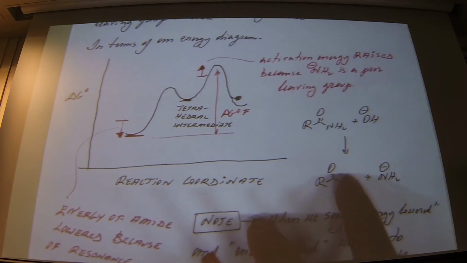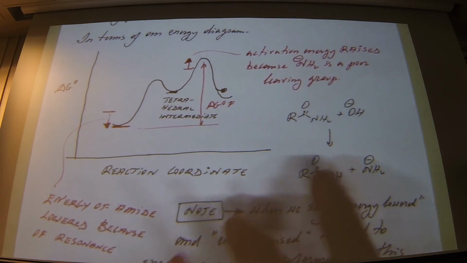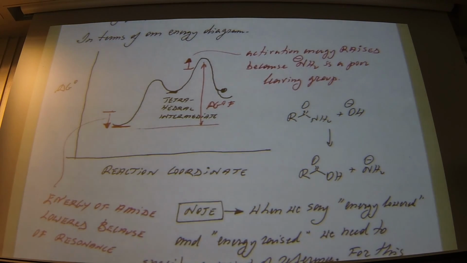acid chlorides reactive. Now, one way to do this is in terms of an energy diagram. And so when we talk about energies, or something being higher or lower in energy, remember I told you that the question you always want to ask is: compared to what?